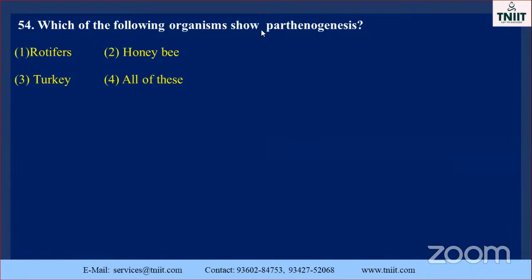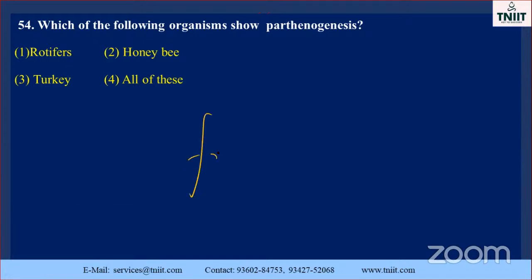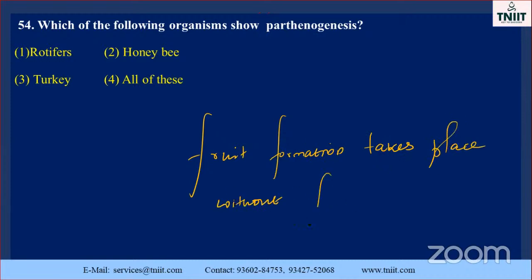Which of the following organisms show parthenogenesis? What is parthenogenesis? Parthenogenesis is nothing but the fruit formation, or rather the formation of offspring, that takes place without fertilization. Okay.